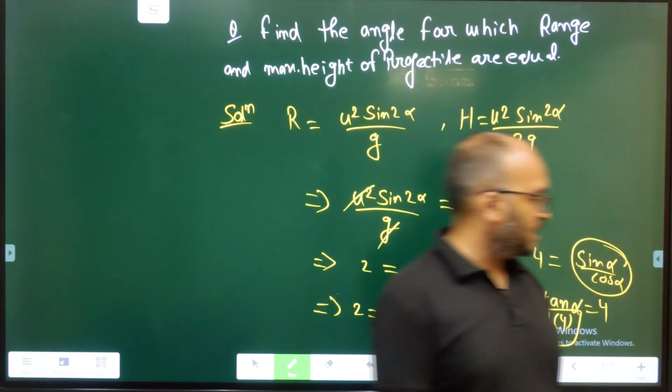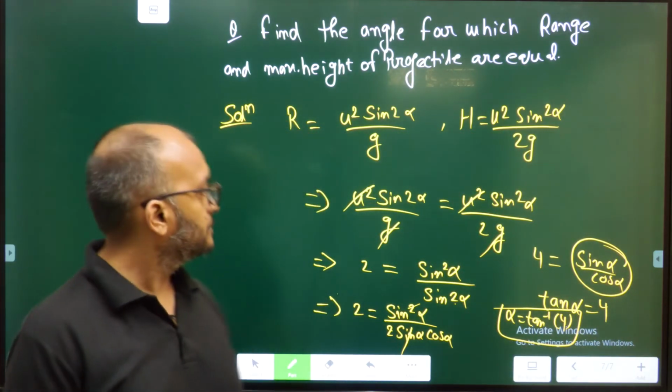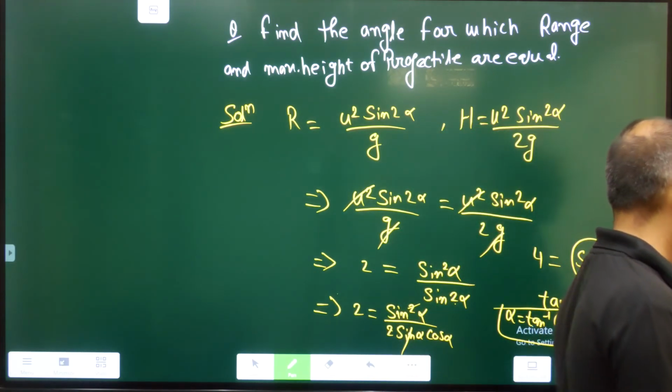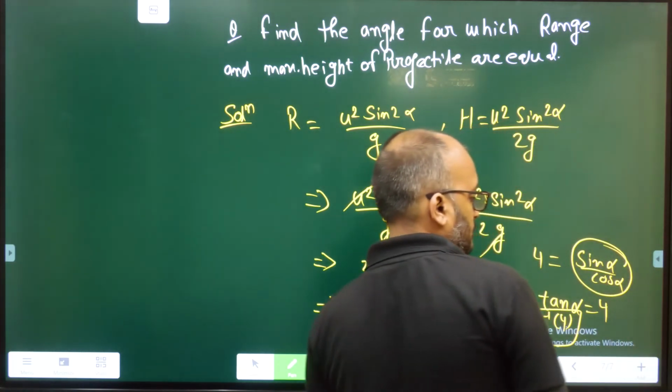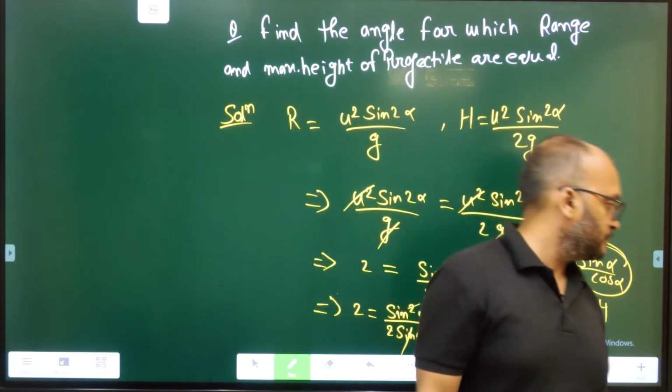Good. Shanmukha, Reshma, Sheetal, Pujita, clear? Noted.